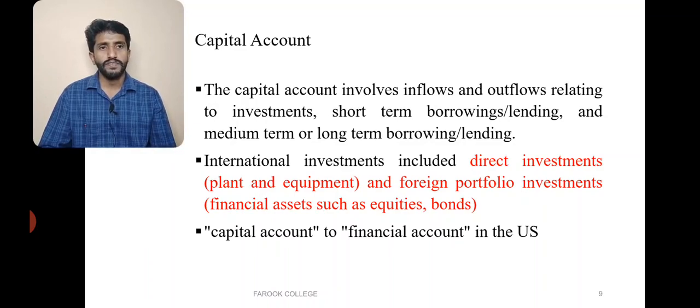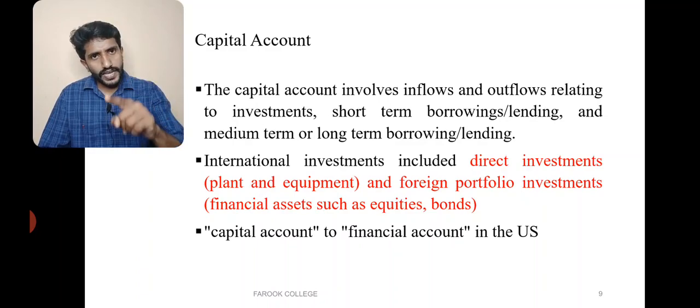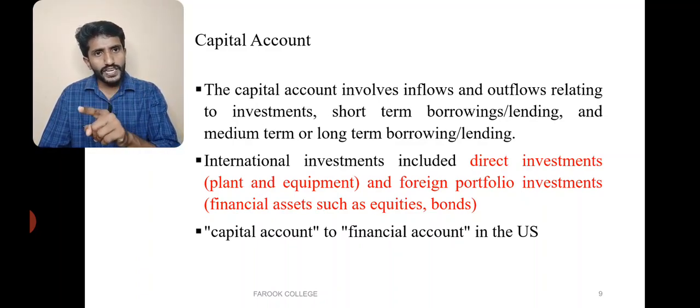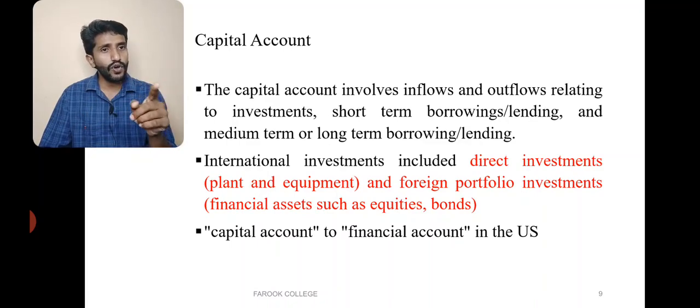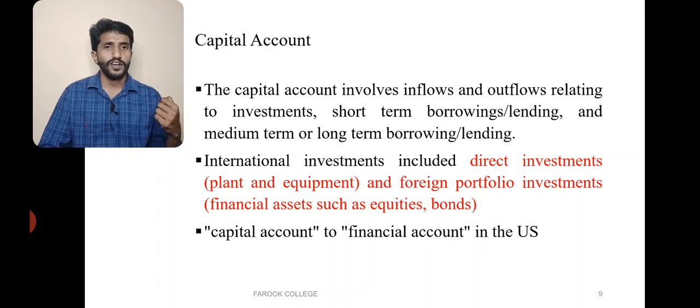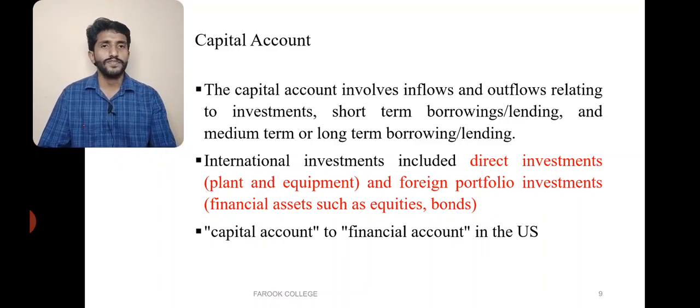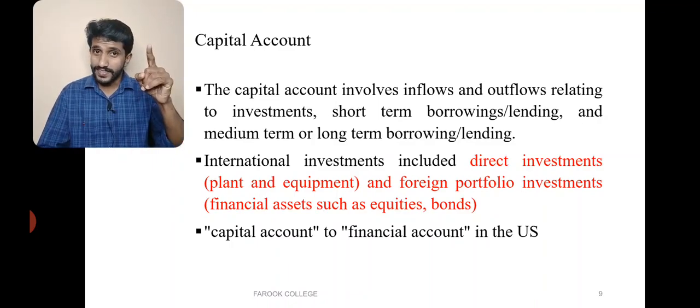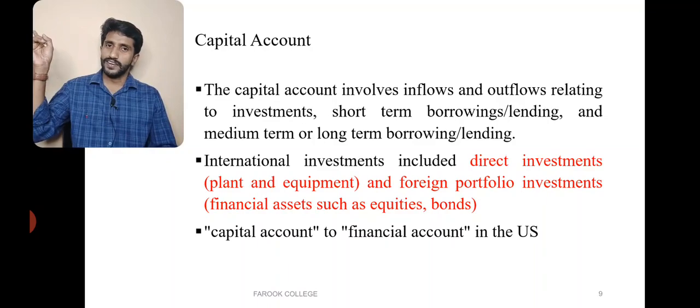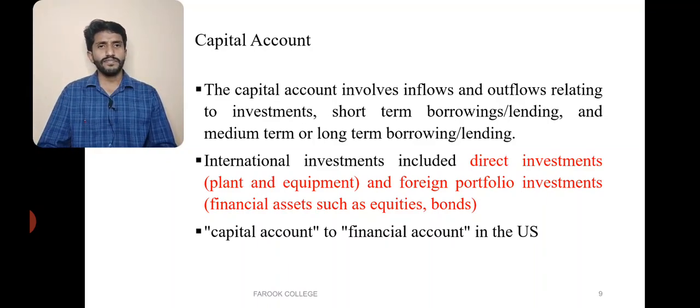FDI is in plant and equipment; FII or FPI is in equities, bonds and all. All this investment is included in capital account, but the income generated from this investment is included in current account.